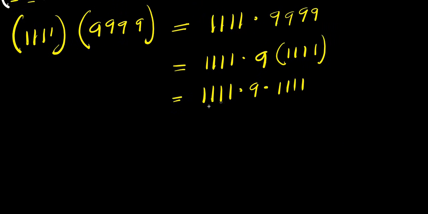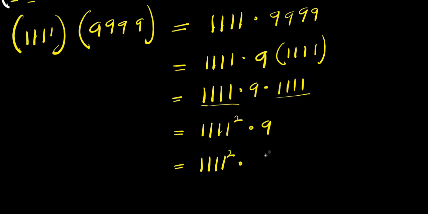So from here, we have this and this, which repeats itself. So this will give us 1 power 2 times 9. And this simply means we have 1 power 2 times 9 is 3 power 2.